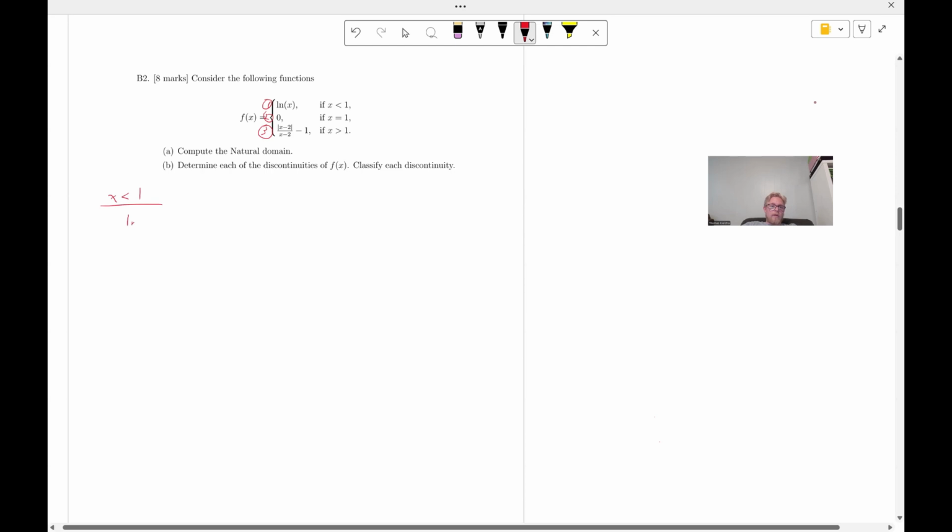Here I have ln of x, which implies that x is greater than 0. So with x being greater than 0 and x being less than 1, the domain piece for this portion is x in the interval 0 to 1.